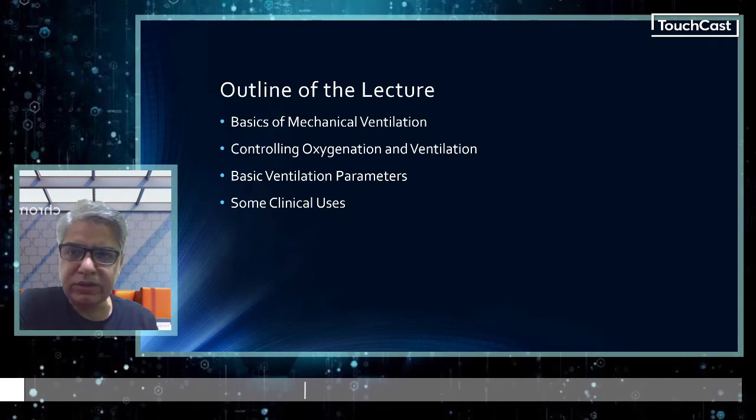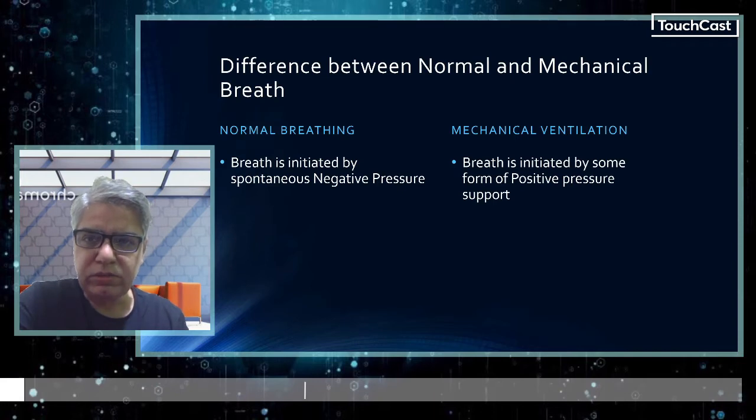So let's start with some basic differences between the mechanical breath and the spontaneous breath. Remember, the normal breathing that we are doing all the time is always initiated by a negative pressure. Whenever you are breathing, the inhalation cycle is initiated by the negative pressure inside your thorax, and that then invokes the intake of air into the lungs.